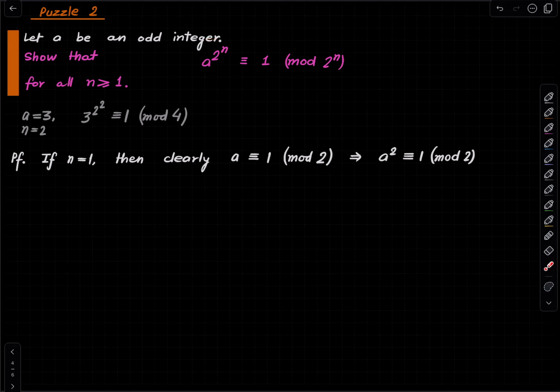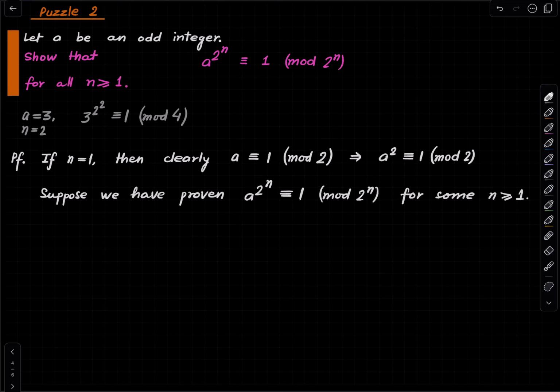Trivial. Now suppose, and here is the idea of mathematical induction, suppose we have proven this. We have proven that this holds for some n. Somebody has given it for some n.